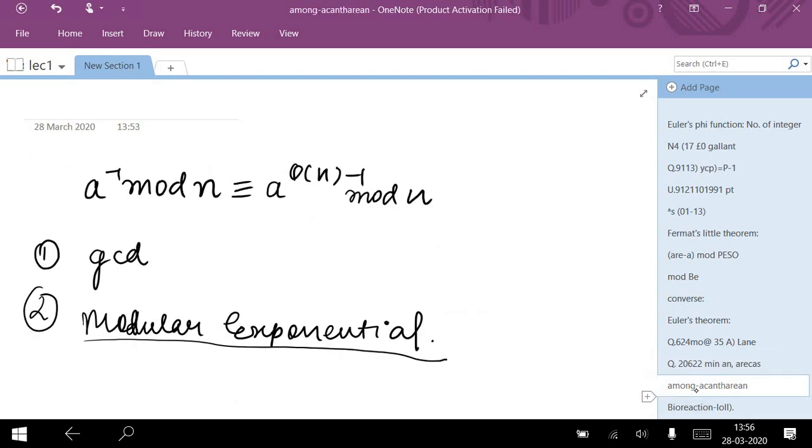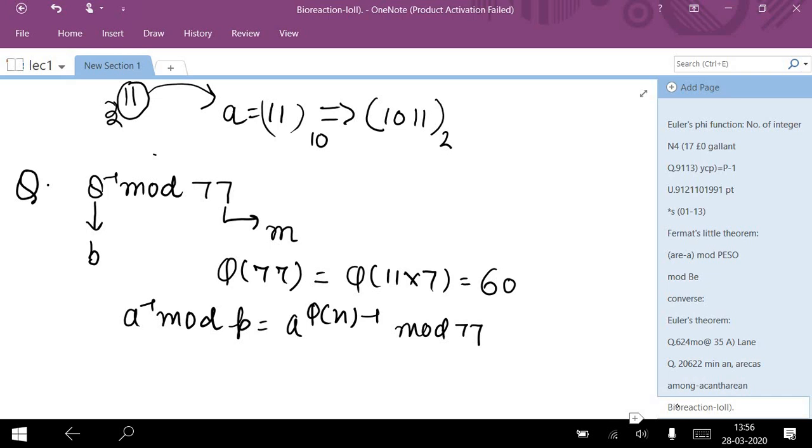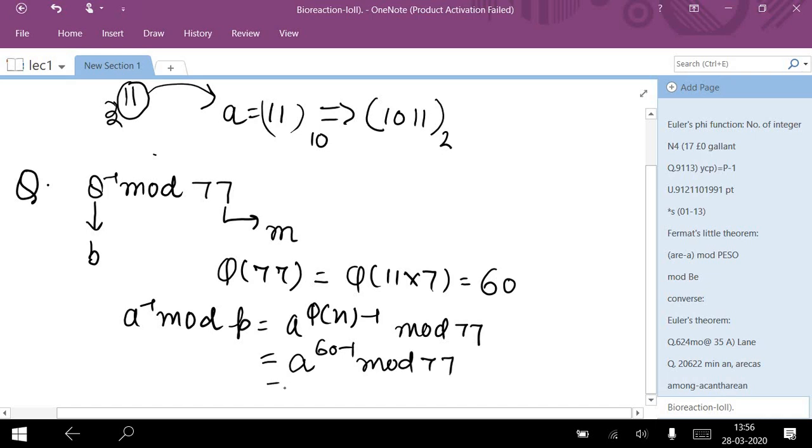Same equation I have applied over there. It can be written as a to the power phi n minus 1. What is the value of phi n? That is 60, minus 1, and mod 77. In this equation, a equals b, so 8 to the power 60 minus 1 mod 77.